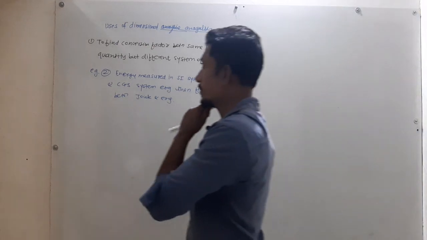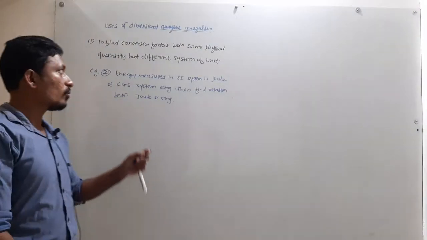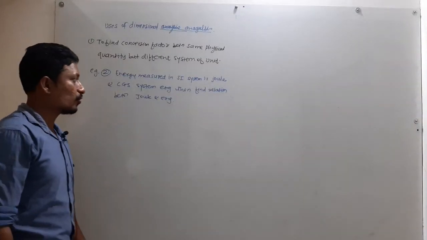This is the second example of the same physical quantity but different system of units.